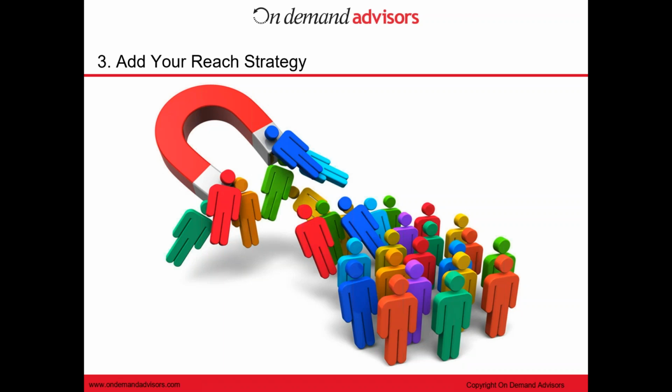So the key behind a reach strategy is really thinking through and asking, how do I reach 100% of my target audience and do that this year or over a period of time? That's one of the really key pillars I look at as we work with companies: increasing the reach.